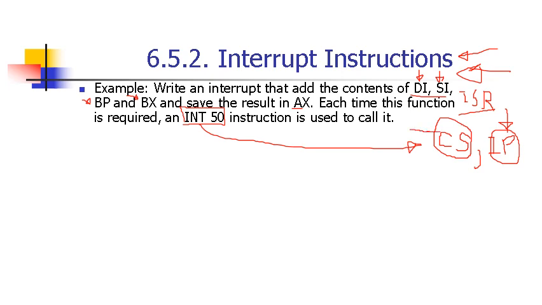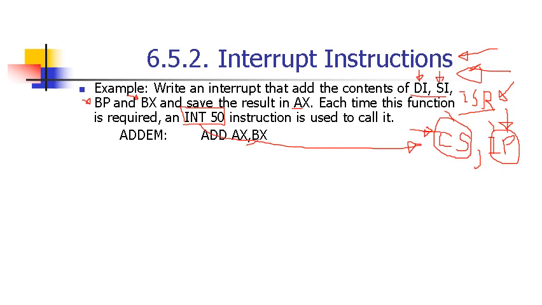If you did so, whenever you issue int50 in your code, it will go and get this IP and CS from the memory and start executing your ISR. For example, add them.